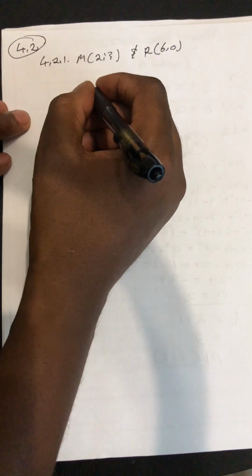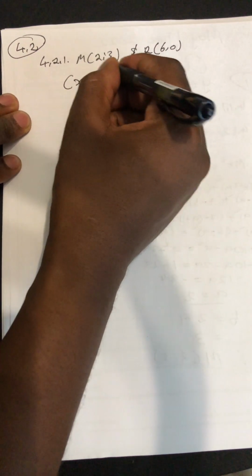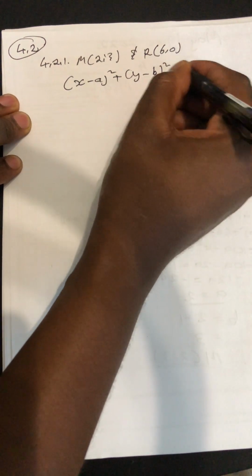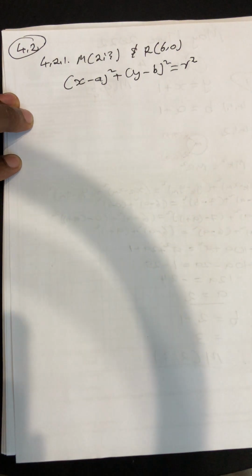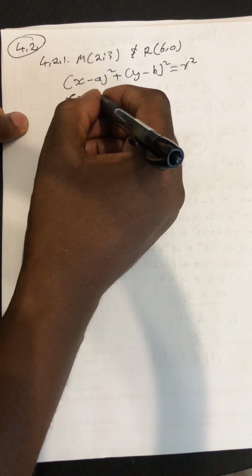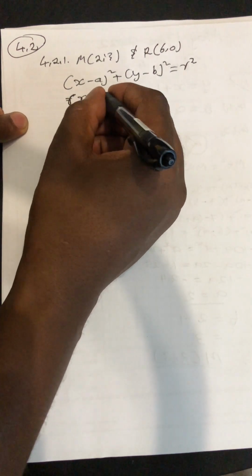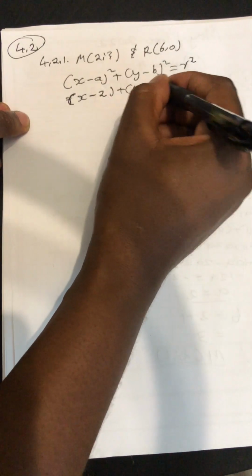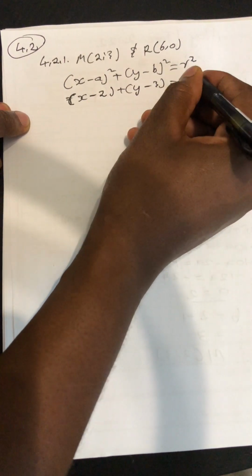Or we can use the equation of a circle to say that (x minus a) squared plus (y minus b) squared is equal to r squared. The center is represented by a and b, we already know the point, so (x minus 2) squared plus (y minus 3) squared is equal to r squared.